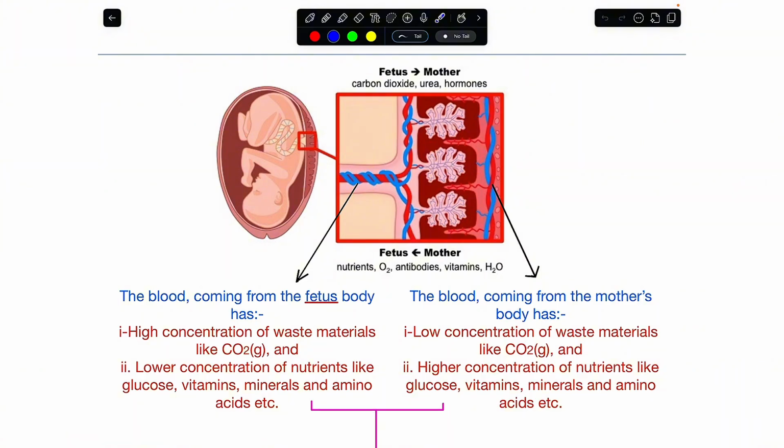So, indicating it with the help of the points, the blood coming from the fetus has a high concentration of waste materials and a lower concentration of nutrients: glucose, vitamins, minerals, and amino acids. On the other hand, the maternal blood has a lower concentration of waste material and a higher concentration of nutrients and oxygen gas.